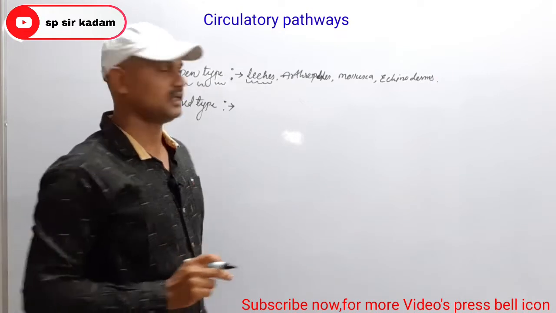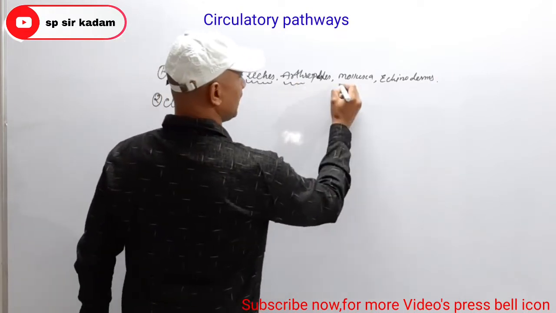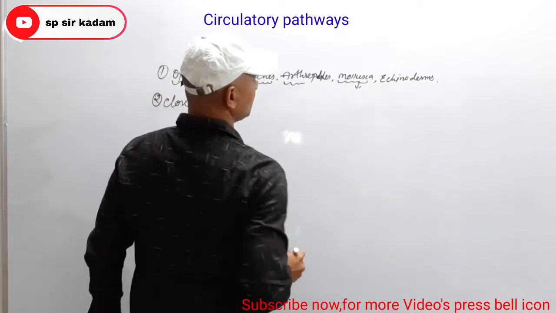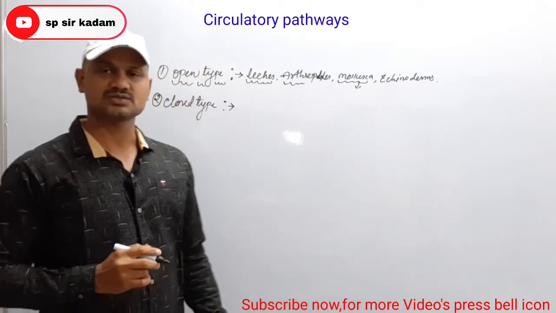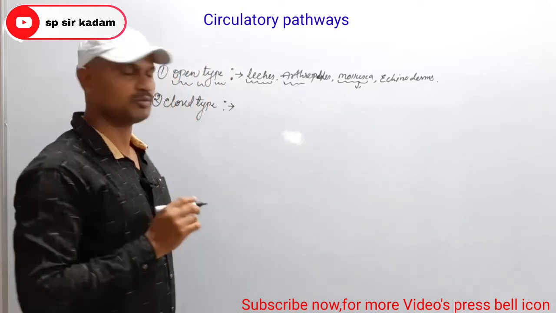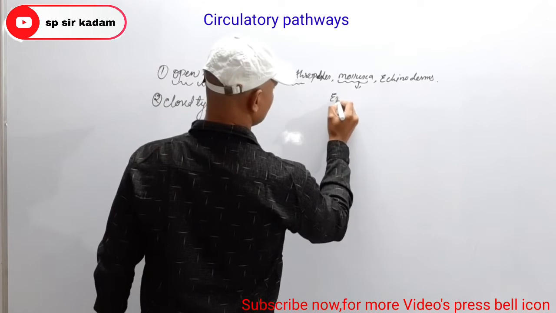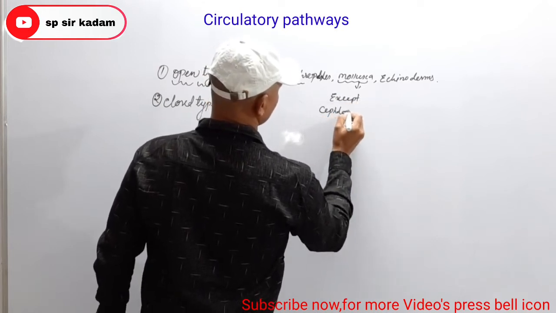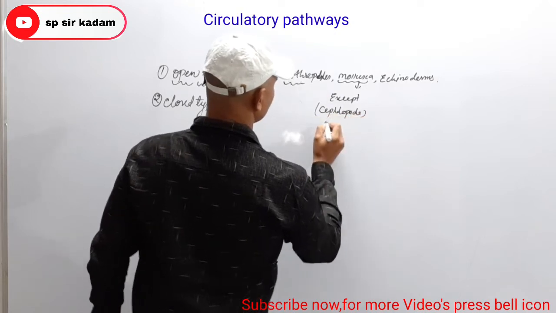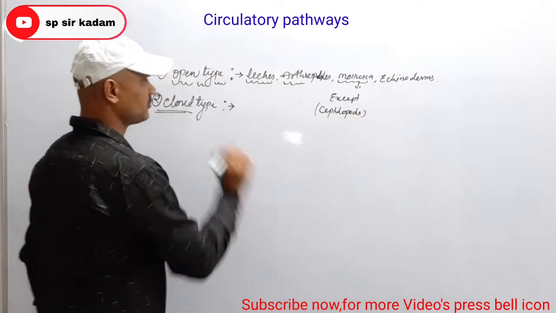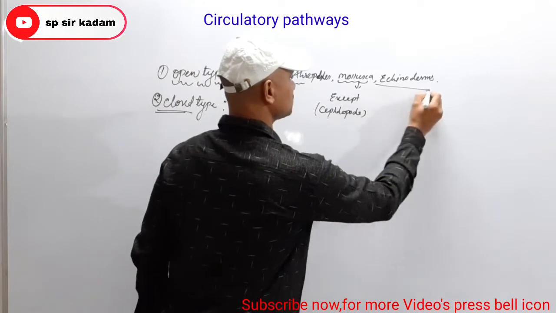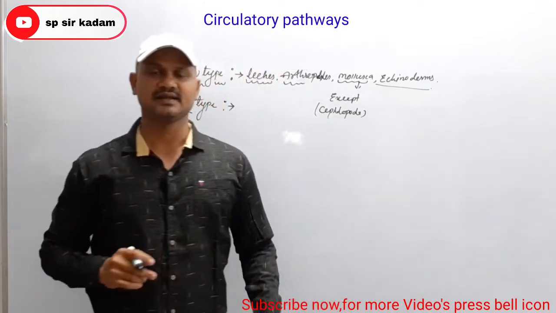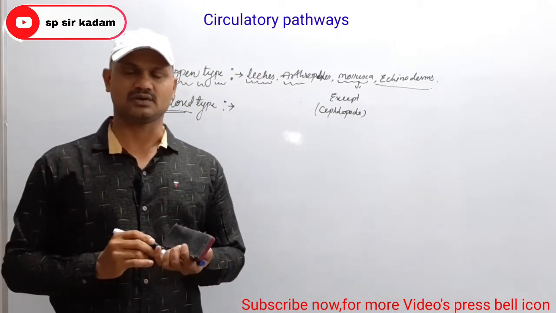Then in arthropods and molluscans: in most of the molluscans, circulation is open type, but in cephalopoda class animals, circulation is closed type. And in echinoderms that is open type, and in ascidians also open type of circulation.